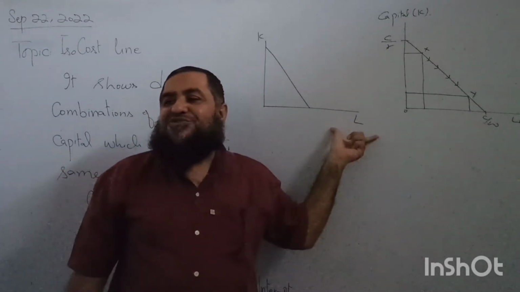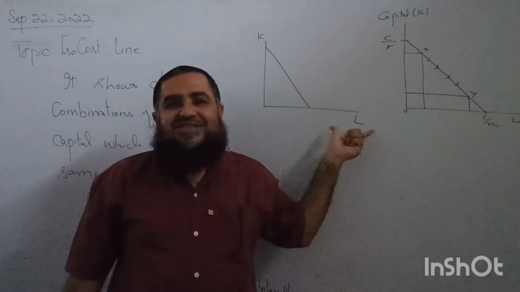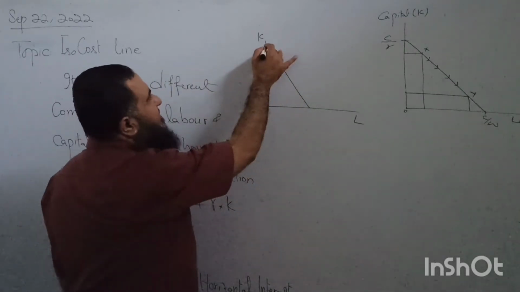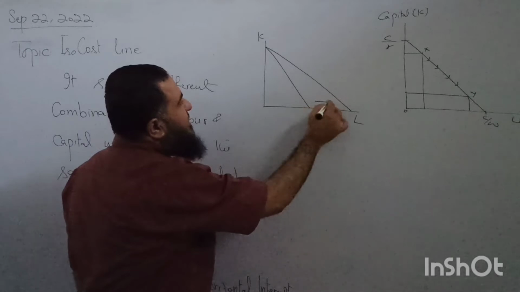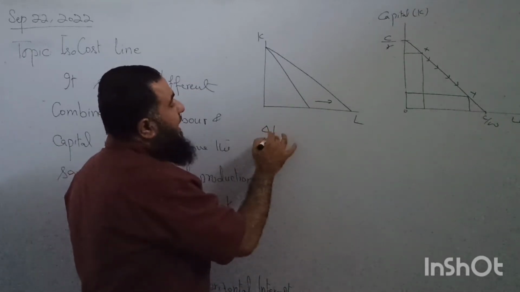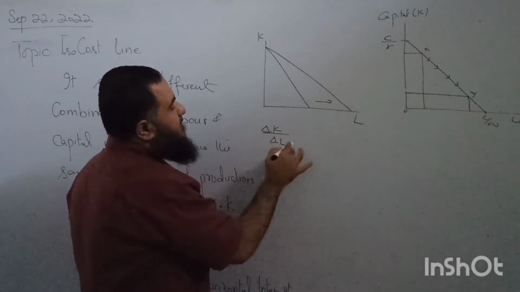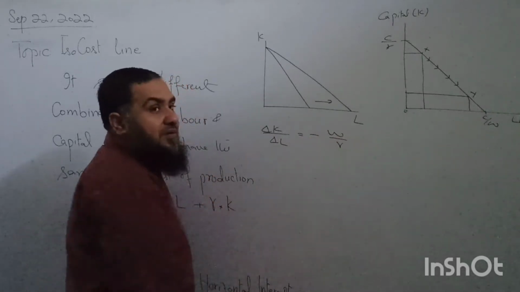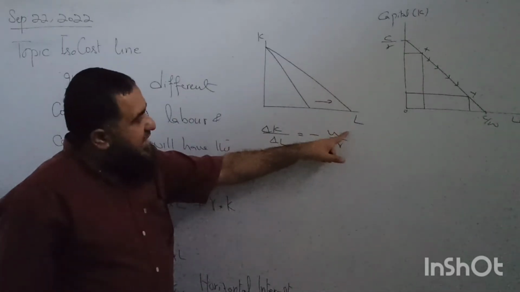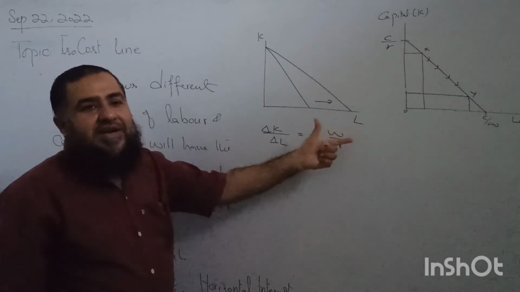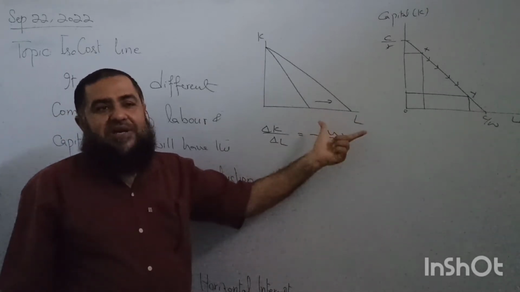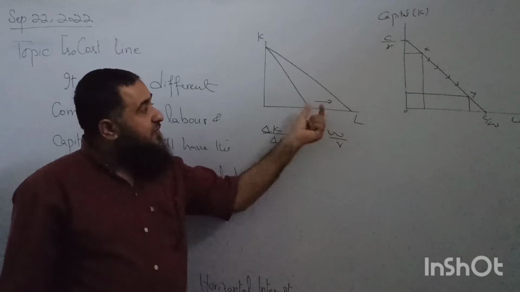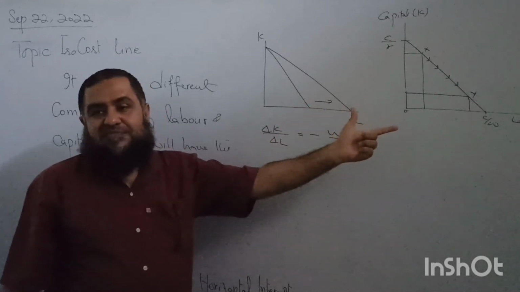When wages are going to decrease, this isocost line will have outward rotation. Why is this happening? This is what? Minus W over R. So when wages are decreasing, its slope will decrease because numerator is falling now. It will have a flatter slope now.